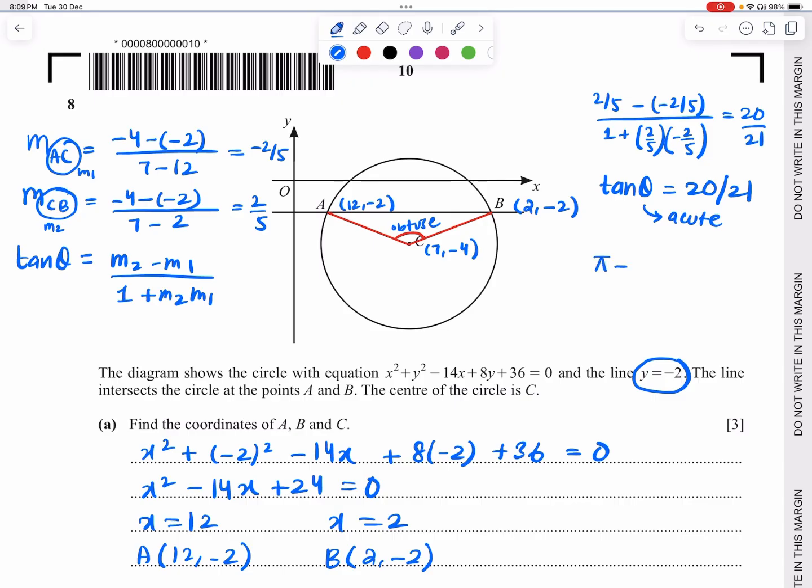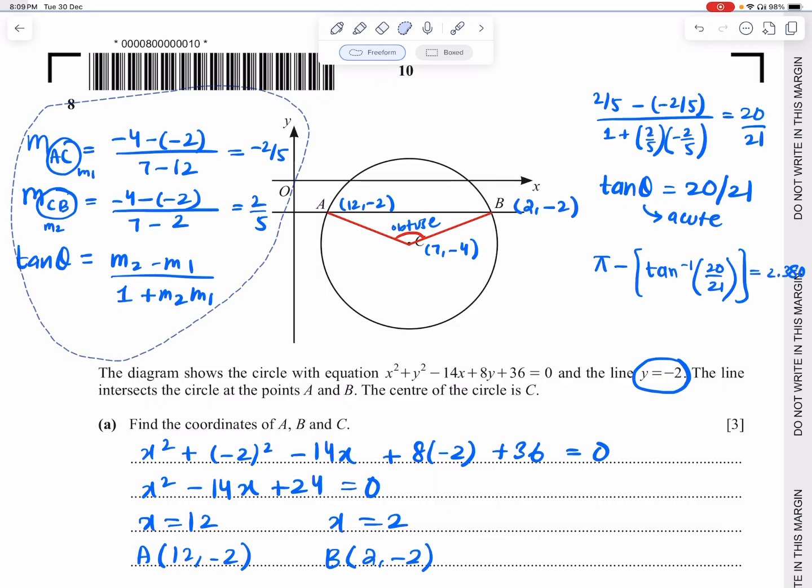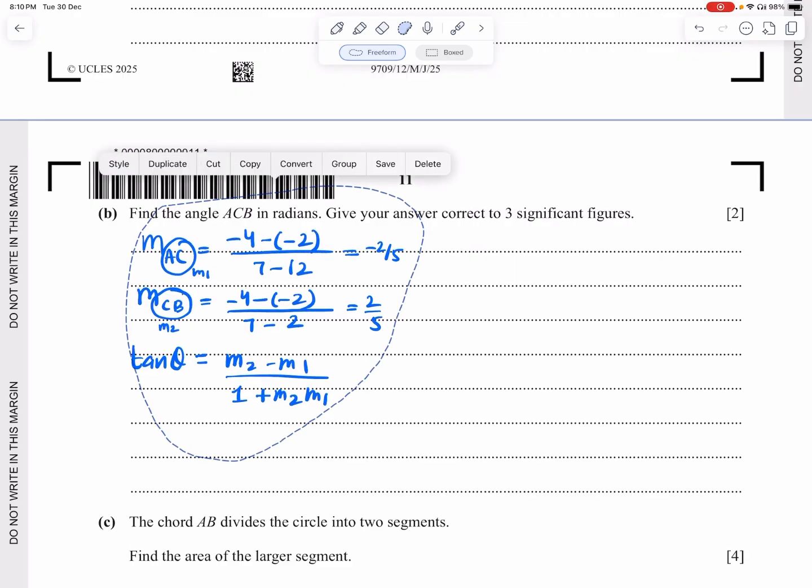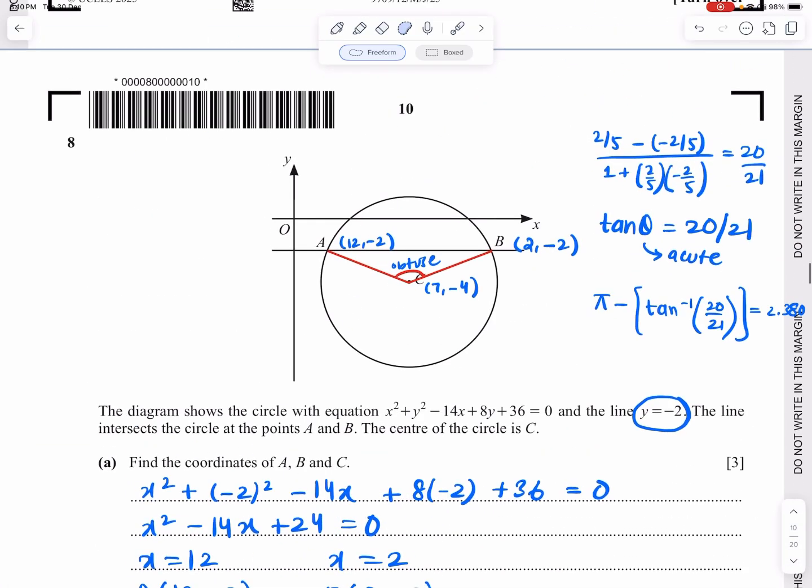So pi minus the tan inverse of 20 over 21, that is going to leave us with 2.380. I hope this makes sense. I'm just going to move this over here.